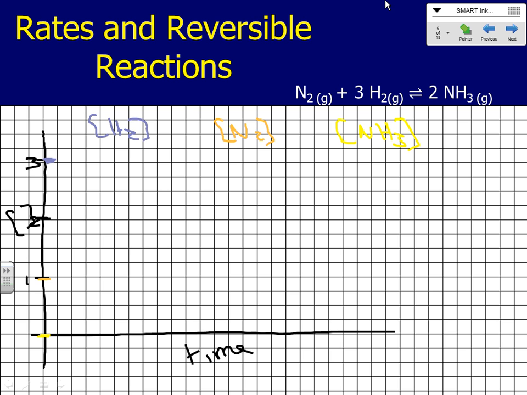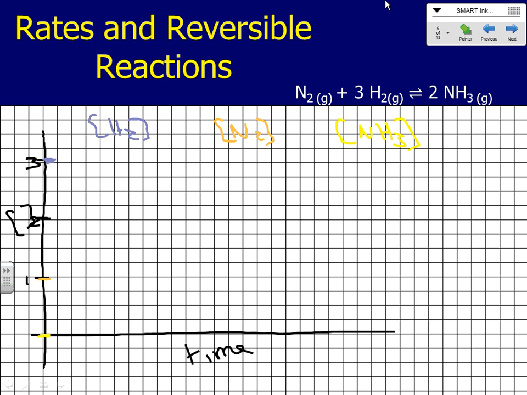At the very beginning, when I have a very little bit of product formed, if we now look at it in terms of the reverse, how fast is the reverse going to be? Because the reactant of that reverse reaction is actually the product, right? So the reverse reaction is going to have some speed.